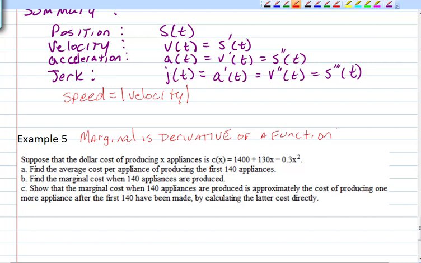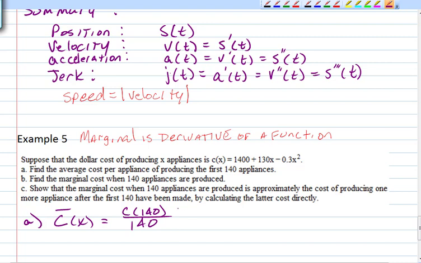To find the average cost, we use a bar over a variable to denote it's an average. This is going to be the cost of producing 140 objects divided by 140 objects. The average is the total cost divided by the number that you produce.